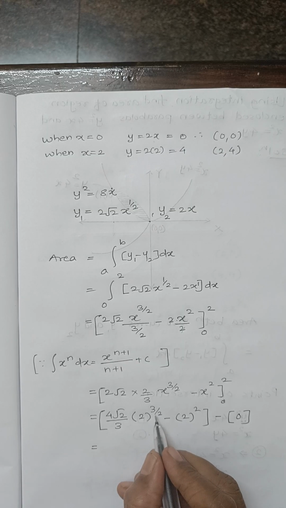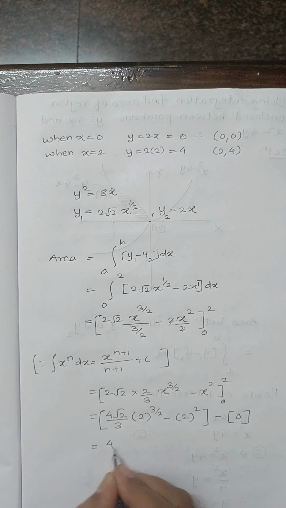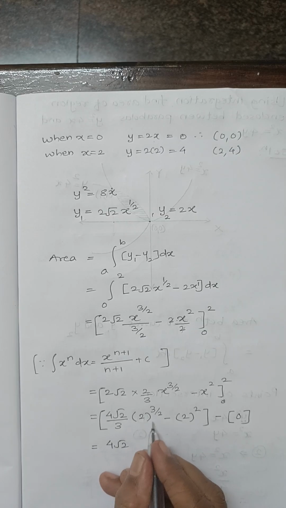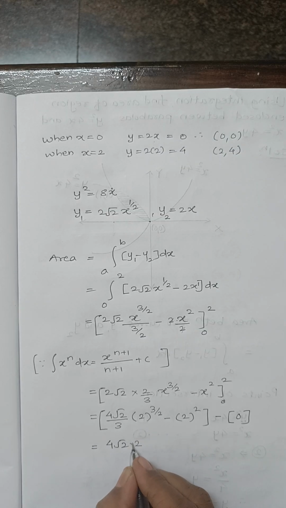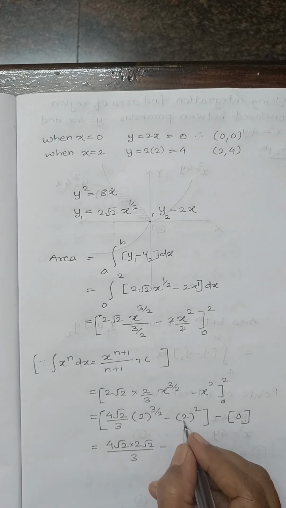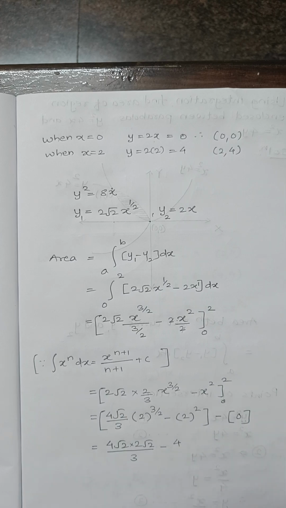Now 2 raised to 3 by 2 is 2 root 2, so 4 root 2 divided by 3, minus 2 square is 4. That is 2 into 4 is 8, and root 2 into root 2 is 2, 8 into 2 is 16 by 3 minus 4.